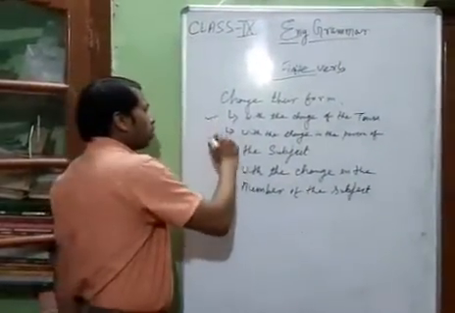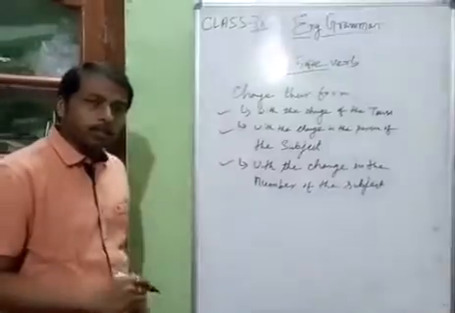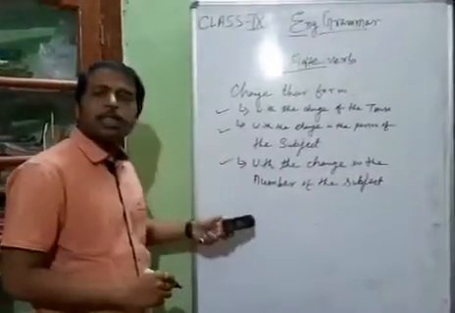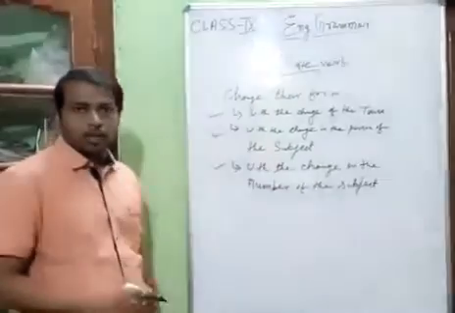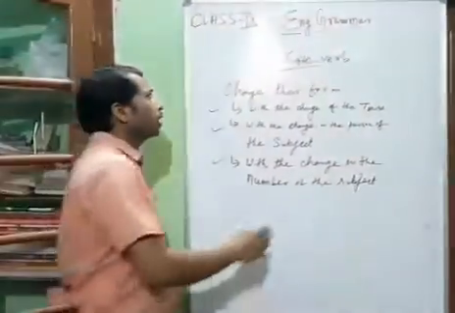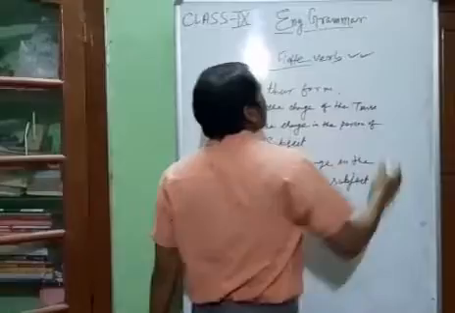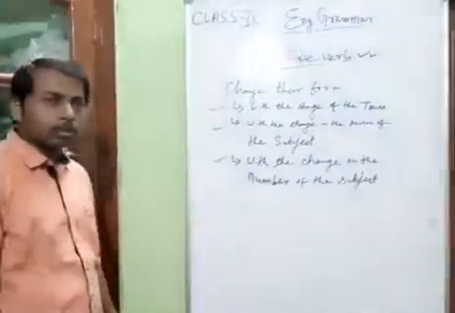That means if these three changes take place, then the form of the verb changes, and then only we can regard those verbs as finite verbs.